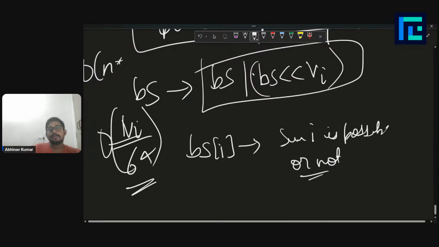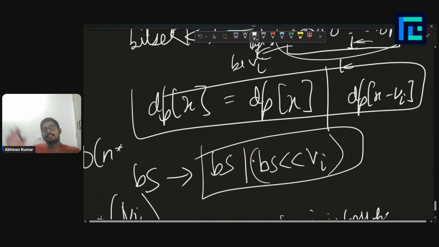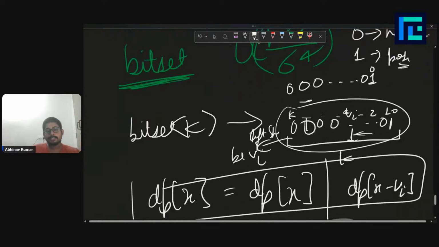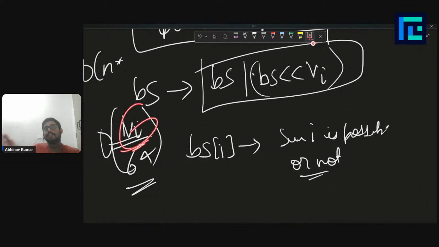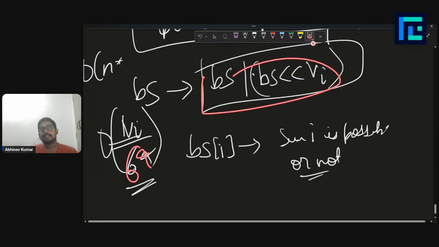This is the advantage of bitset, because you are storing 64 bits in one word and processing 64 bits at once. If you take a string of size k, a left shift by vi would take order of vi, but in a bitset it takes order of vi by 64.